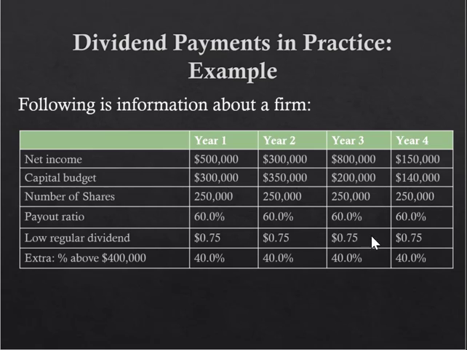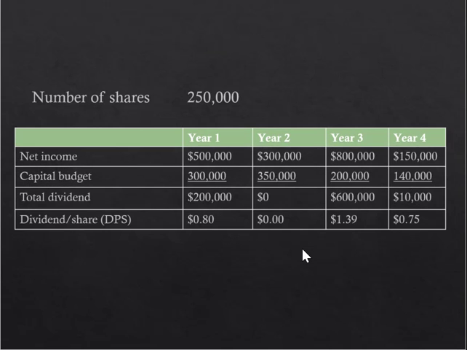So this is going to be a constant payout ratio. So a low regular dividend in this particular case is going to be paid out, 75 cents. And then if there's extra above $400,000, they pay out 40% in this particular case. So this would be a low regular dividend plus an extra payout.